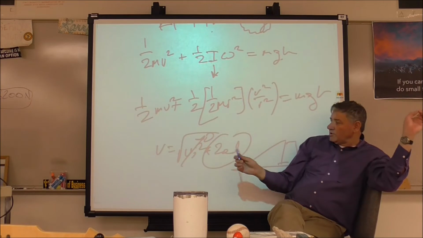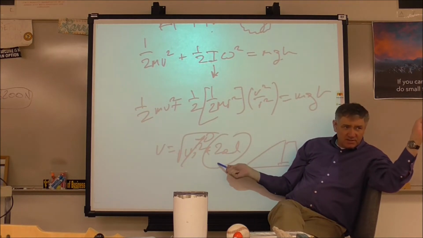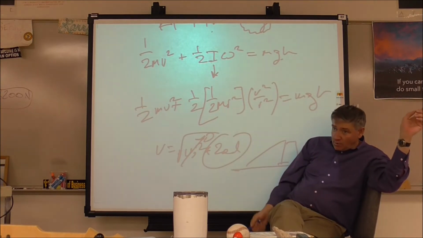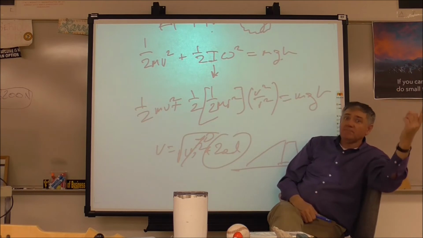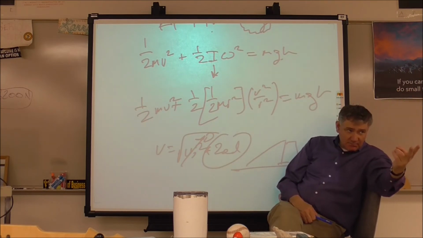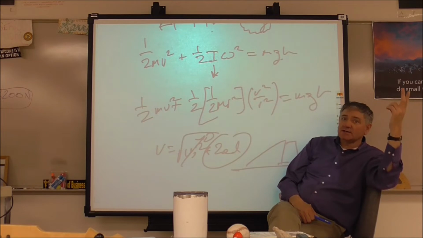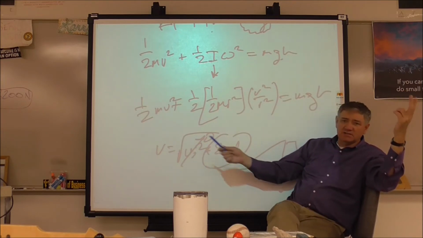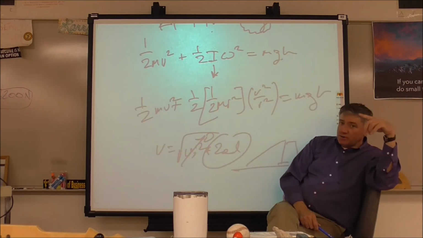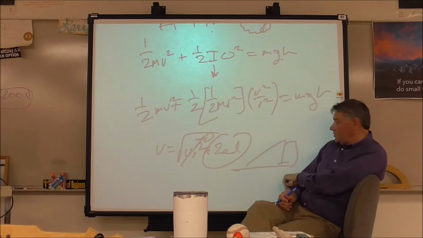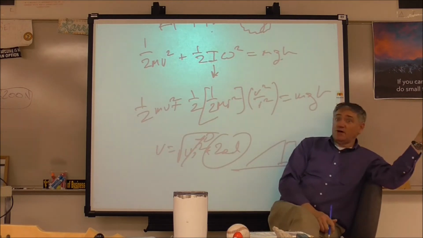So you cannot do this problem if it's rolling because it's rotational and translational. You cannot just say, oh, I'm going to use this to find your velocity. You can do that if it just falls straight down. Then you can do that all day long.